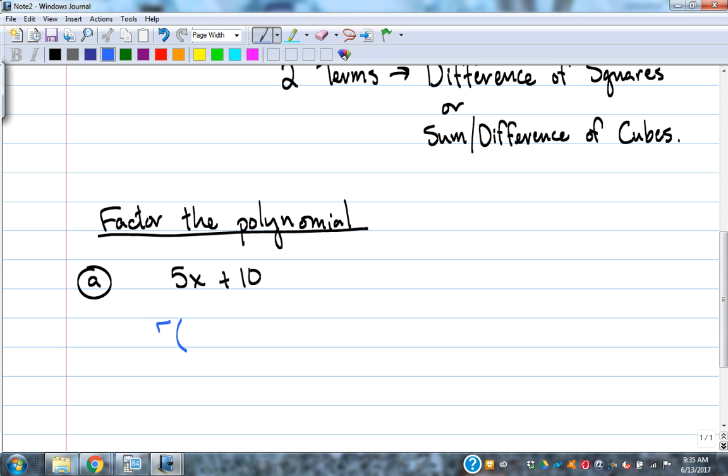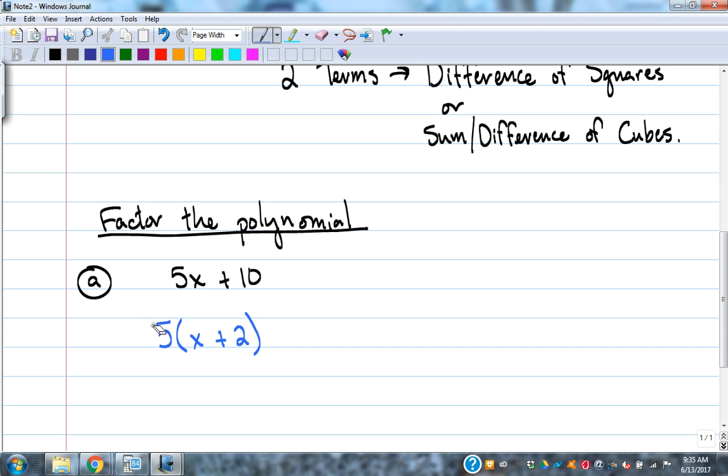It's just a plain 5, no x with it, because both of them don't have an x, so it can't be common if they both don't have it. The next thing we want to do is open up a set of parentheses, and we want to see what times this 5 gives me 5x. X. What times 5 would give me plus 10? Yeah, it'd be a plus 2.